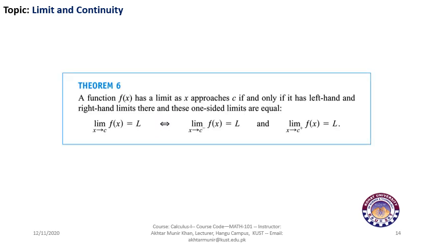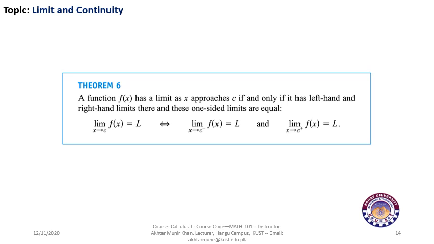So a function f of x has a limit as x approaches c if and only if it has a left-hand and right-hand limit there, and these one-sided limits are equal. That is, we will say that a function's limit is L whenever from both left and right we are approaching only this number.